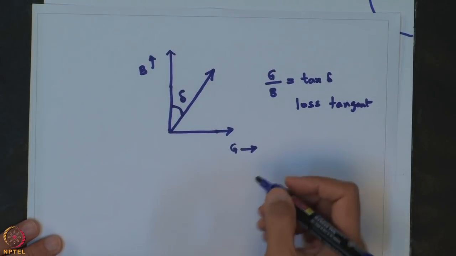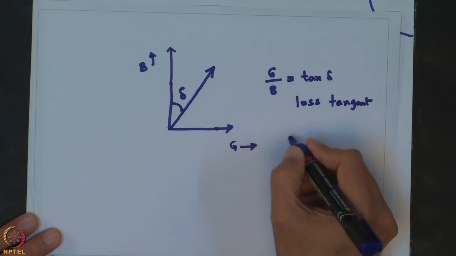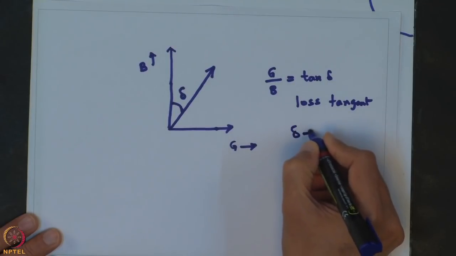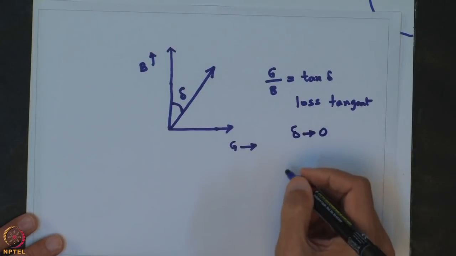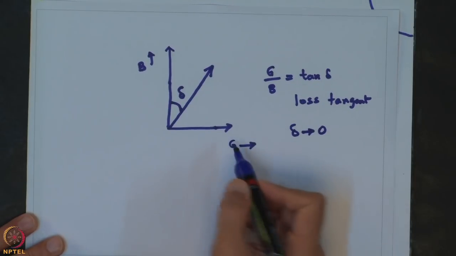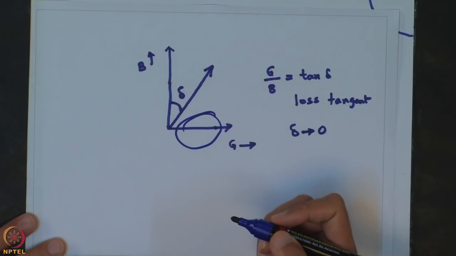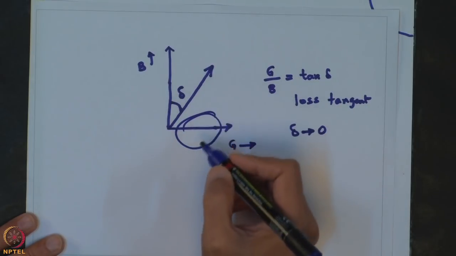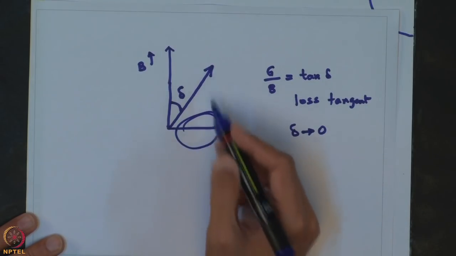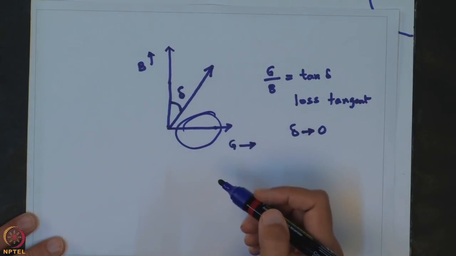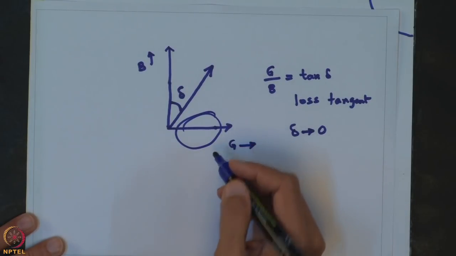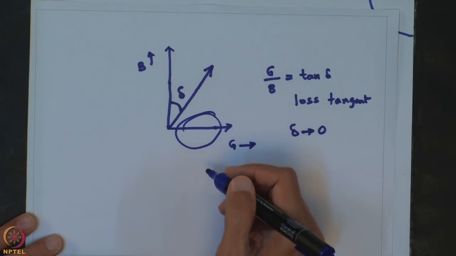Now ideally we would like delta to go to 0, so that the real part, which is this axis, is 0. So there is no projection of this admittance onto the real part, which actually means that it is a completely imaginary admittance.